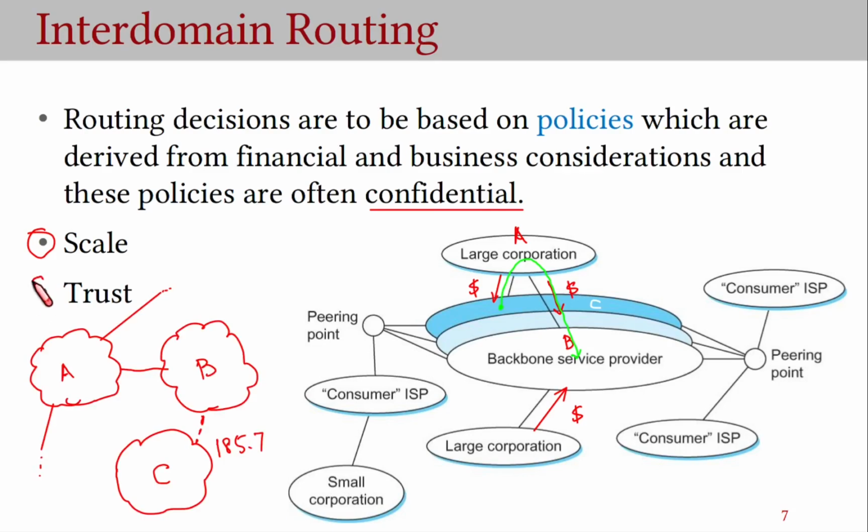And then there is the issue of trust. B might advertise some paths that may be erroneous or that may be malicious.